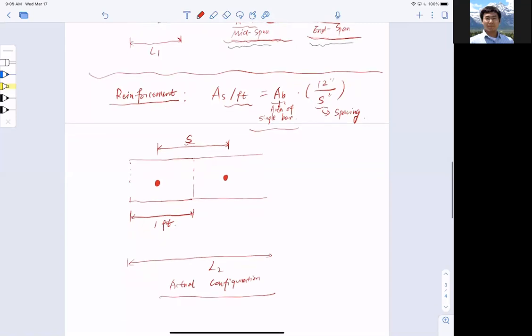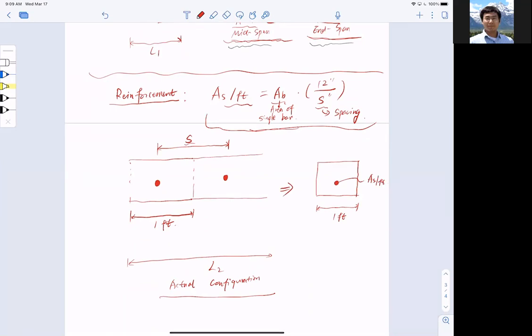So all this equation does is a conversion, that you want to convert this into a 1 foot unit strip with an As per foot.